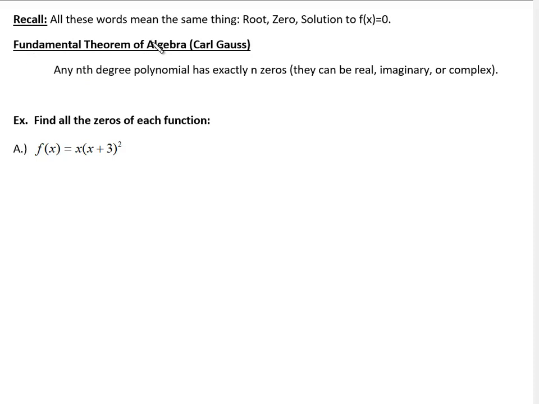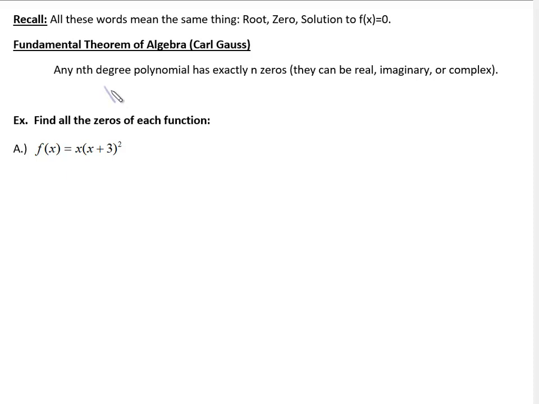Anyway, the first thing we're going to talk about, and we've talked about this a bunch before, is the fundamental theorem of algebra. Pretty smart guy, this Carl Gauss. His theorem basically says that any nth degree polynomial has exactly n zeros. They can be real, imaginary, or complex numbers.